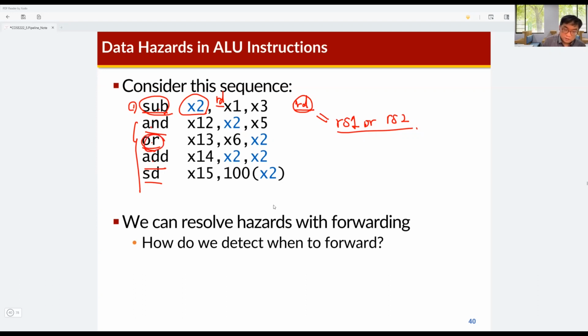And for this OR instruction, the RD of the sub instruction is equal to the RS2 of the OR instruction. So we need to check the destination register number of the former instruction and the register numbers of the source registers of following instructions. Okay.